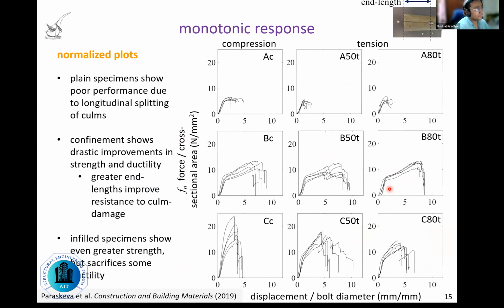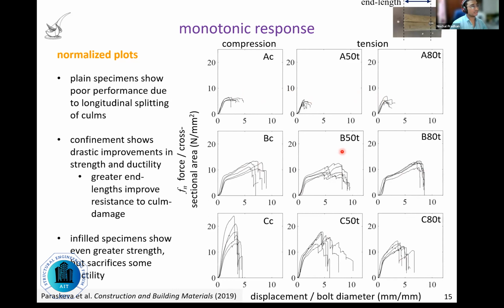Here I present all the test results that are normalized for easy comparison, and as you can see, the top row corresponds to the plain bolted connection system, and you can see that the performance is really bad compared to confined or infill sections.